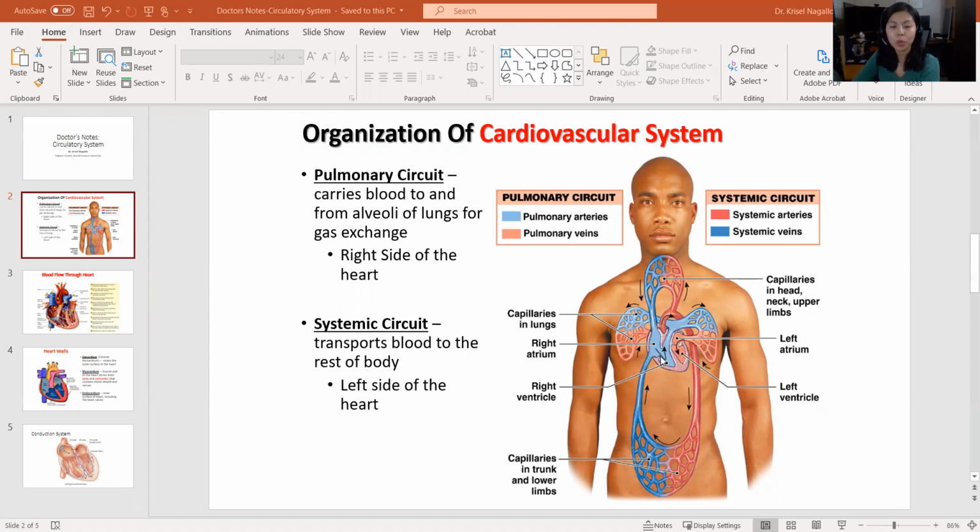There is a difference between the systemic circuit and the pulmonary circuit. In summary, the systemic circuit is what's going to bring blood from the heart to the rest of the body, with the exception of the lungs, because the lungs are part of the pulmonary circuit.